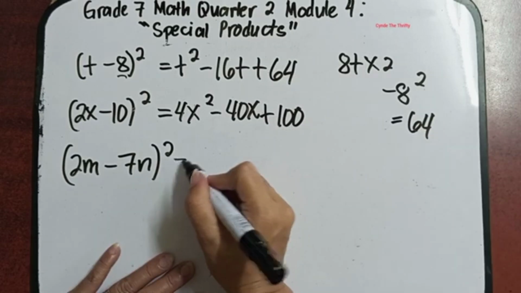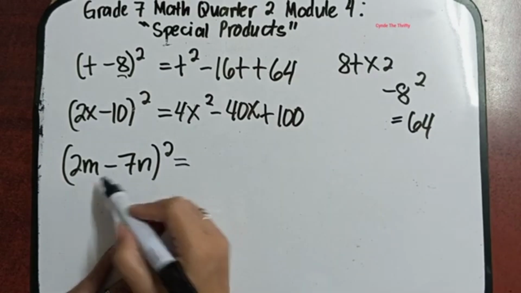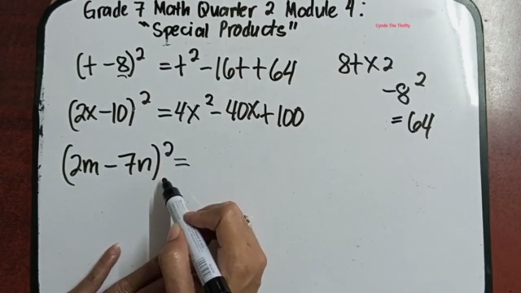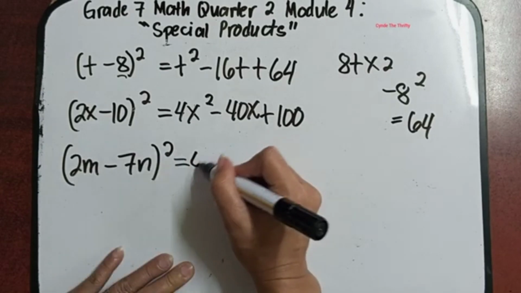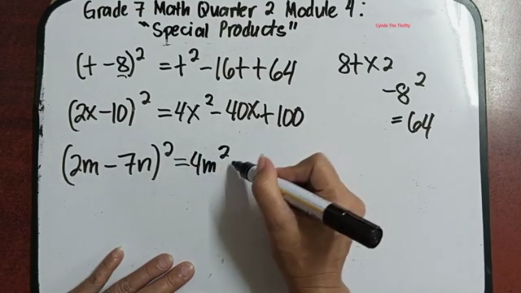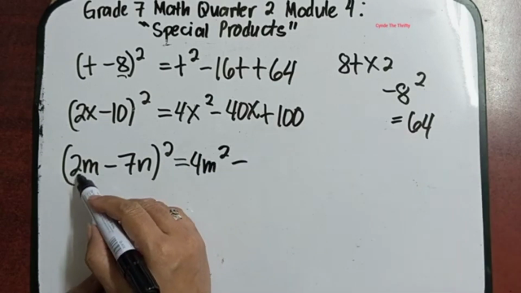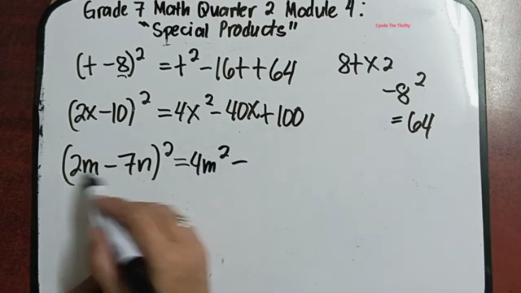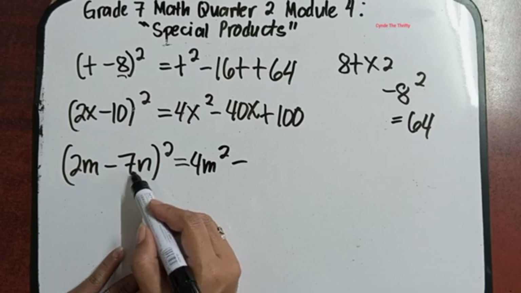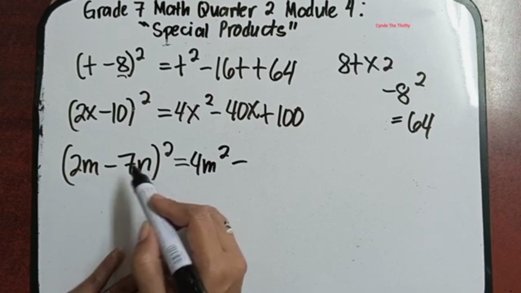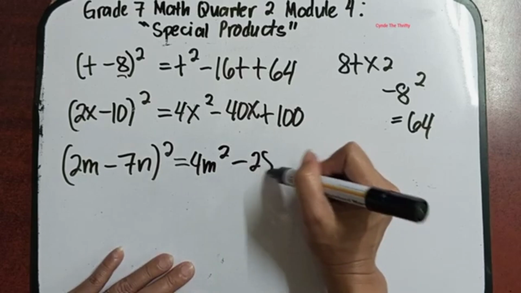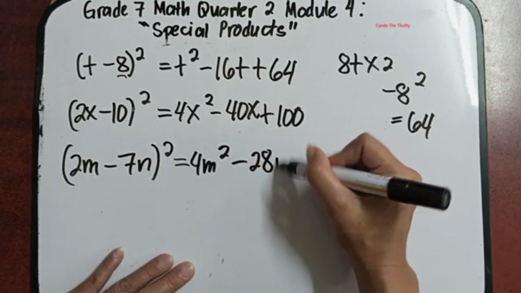Last example tayo, 2m minus 7n squared. Okay, so square natin si first term again. So, 2 times 2 is equal to 4m squared. Minus, i-multiply natin ang first term at second term. So, 2 times 7 equals 14. 14mn. And then, times 2. So, 14 times 2 is equal to 28. Kopyahin lang natin si m at si n. 28mn.